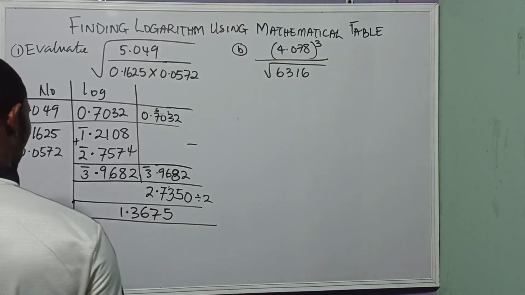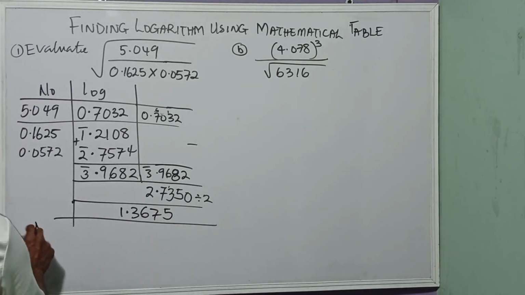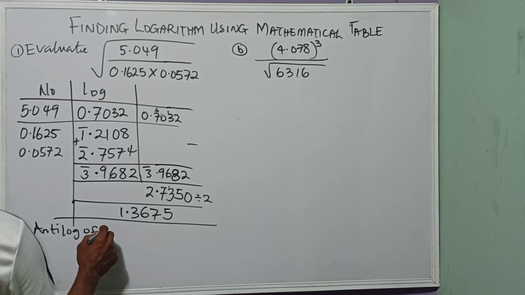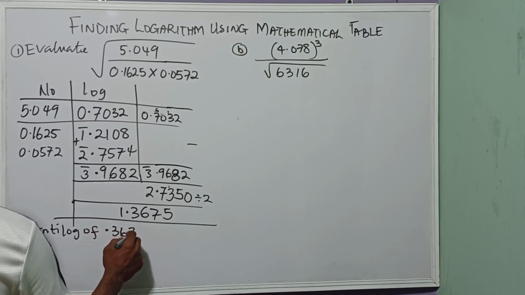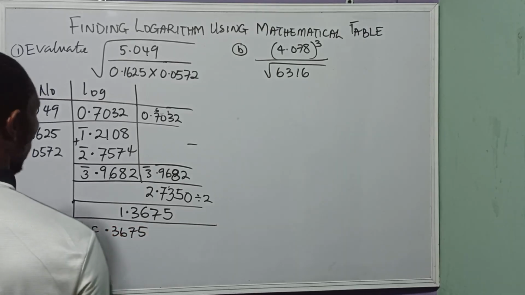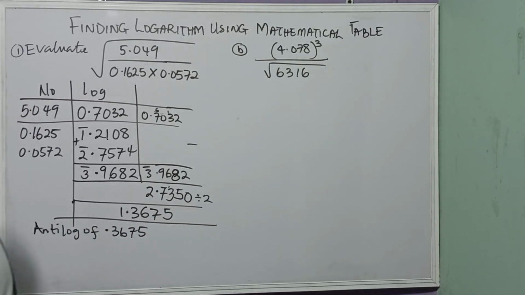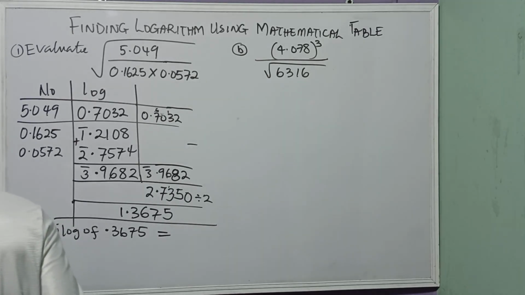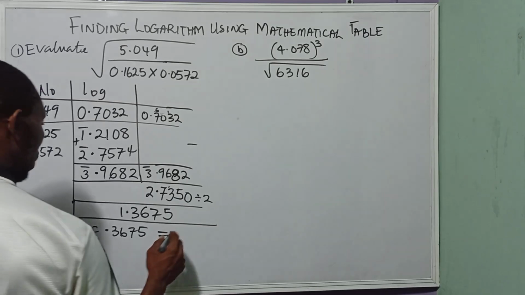Now, having this, we'll now find antilog of 0.3675, which would give us an antilog of 2.331.